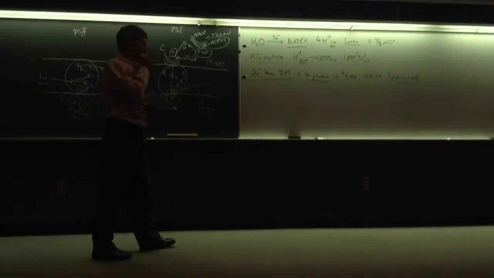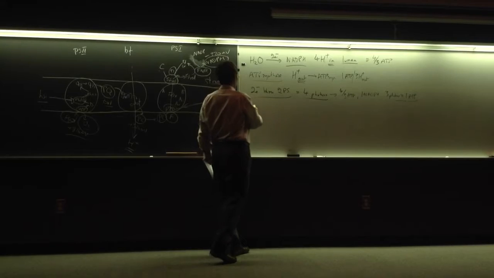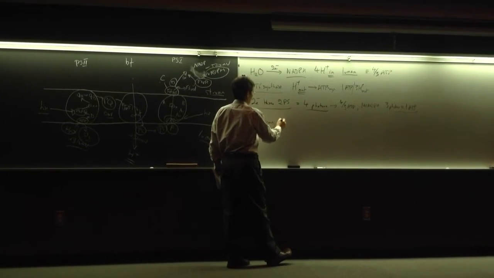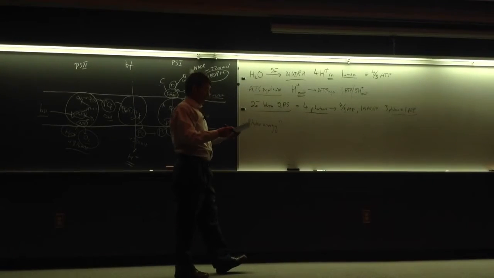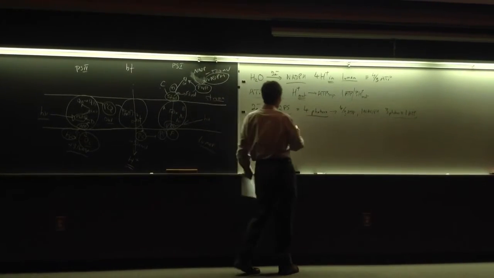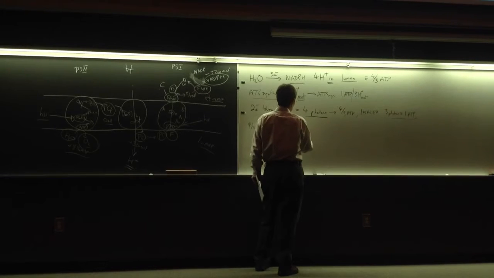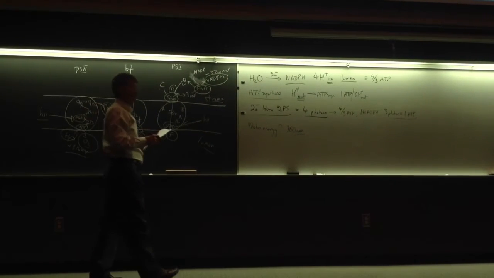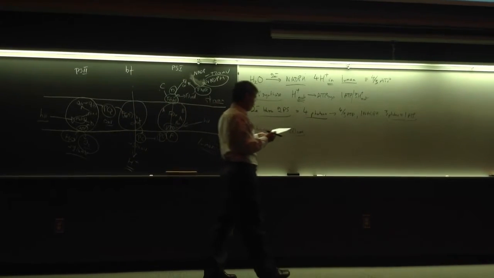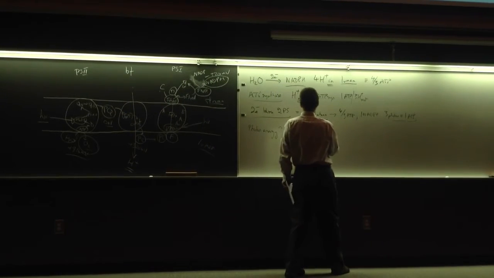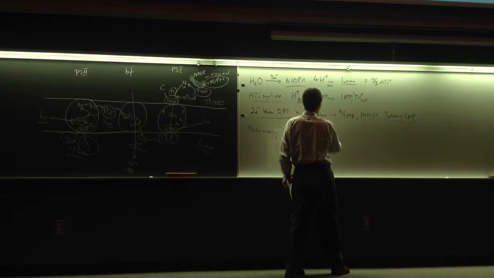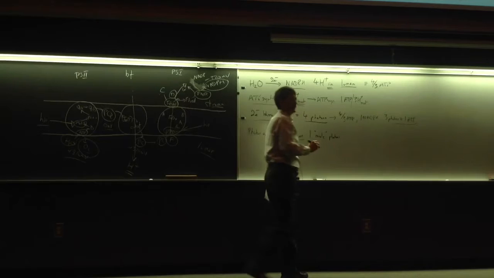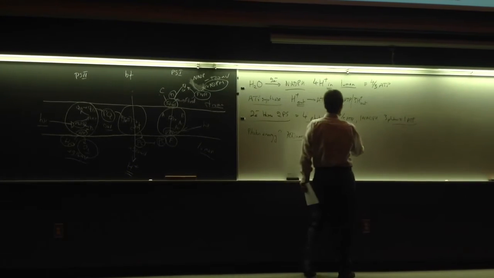So how much energy is this? How much energy per photon? Well, if we take 700 nanometers, which is the max for P700, we're close to the max for P680. 1 mole of photons, the energy for 1 mole of photons, is called an Einstein.